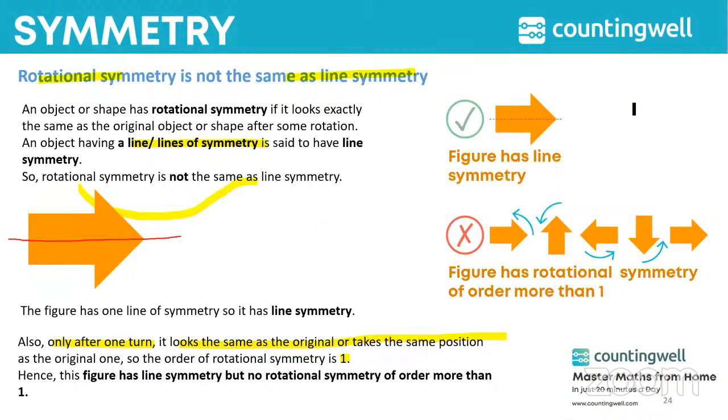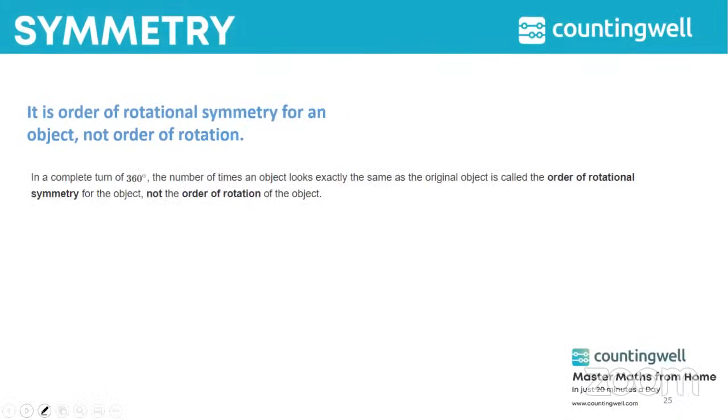So here you can see how the figure has rotational symmetry. Note that you have to take a complete revolution of 360 degrees to get the same position. So the order of rotational symmetry is not more than 1. Whenever we say order, it is always for rotational symmetry and not of rotation.